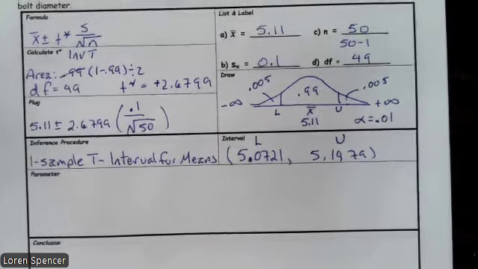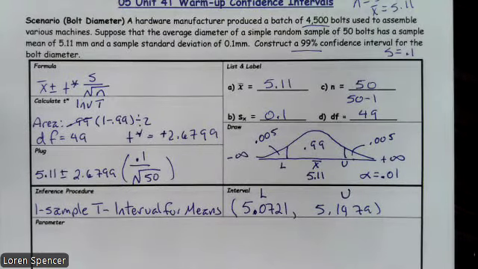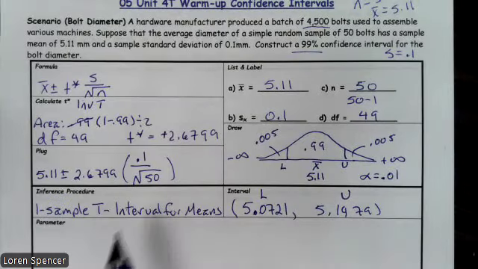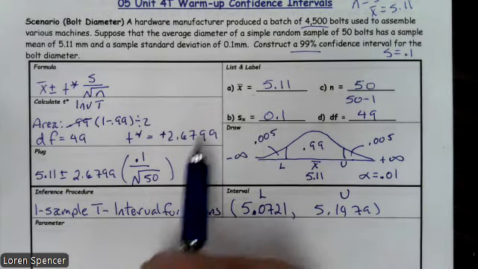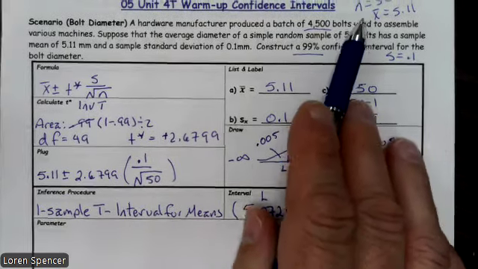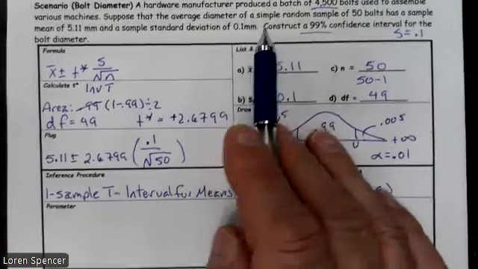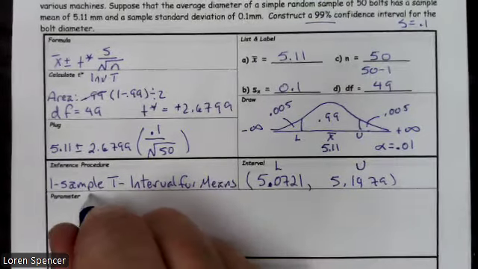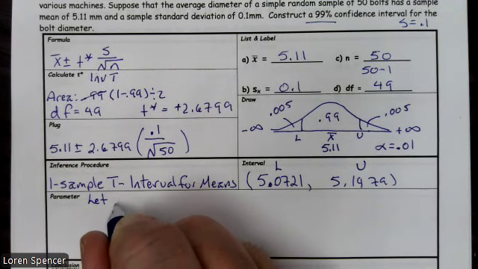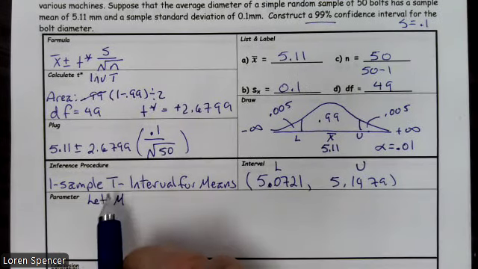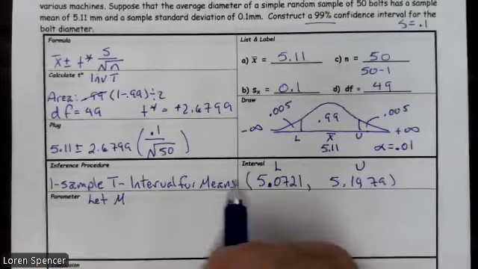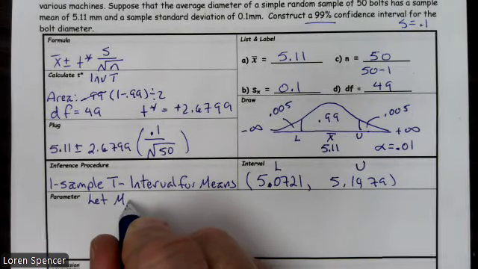All right, we need to define the parameter. Well, we're doing something for means. We're trying to use the sample mean to estimate the true population mean. So let mu, we never estimate x bar. We know what x bar is. We're estimating the population mean.